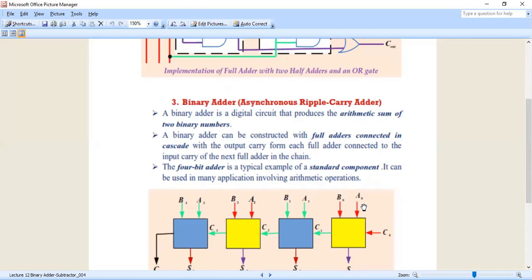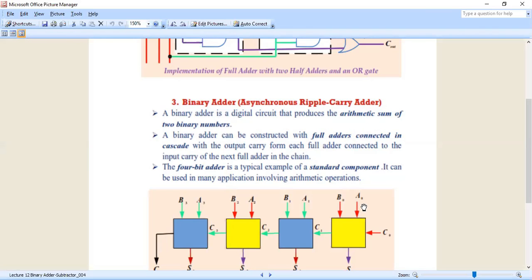What is the a0 value? 1. And a1? 0. Next a2? 0. What is a2? 1. a3? 1. Likewise b0? 0. b1? 0. b2? 1. b3? 0. How are you writing it? 1 0 1 1, you take starting from left to right. 1 is nothing but a0, 1 is nothing but a1, a2 is 0, a3 is 1, right?